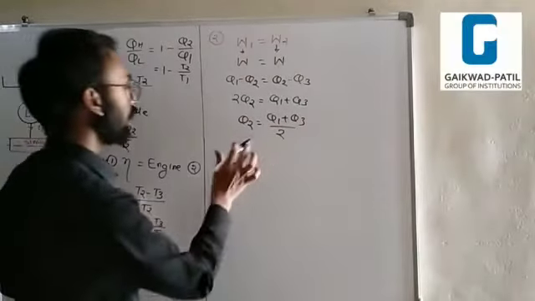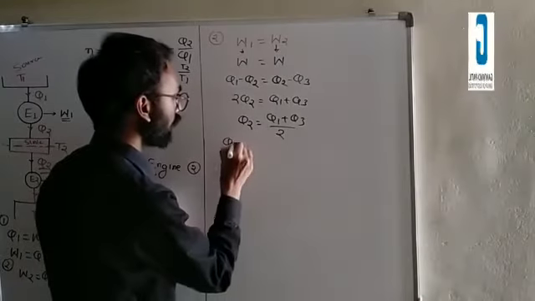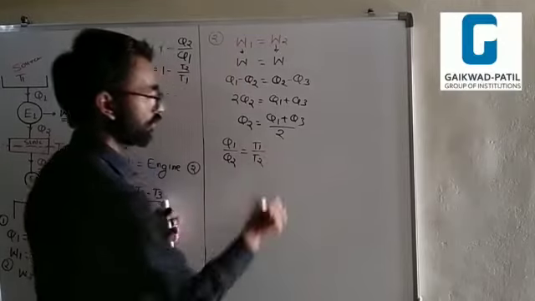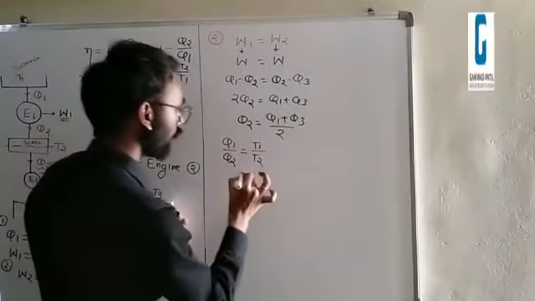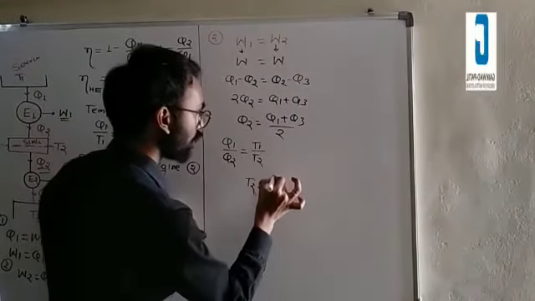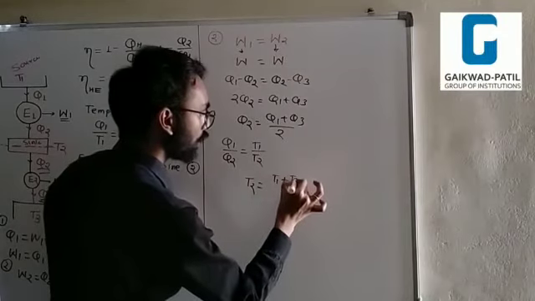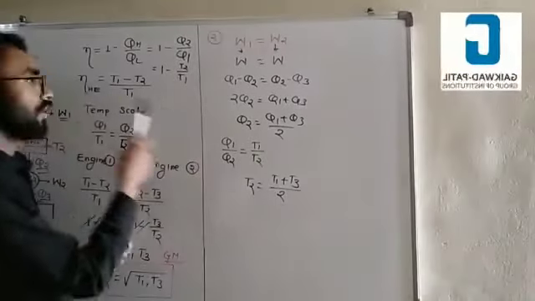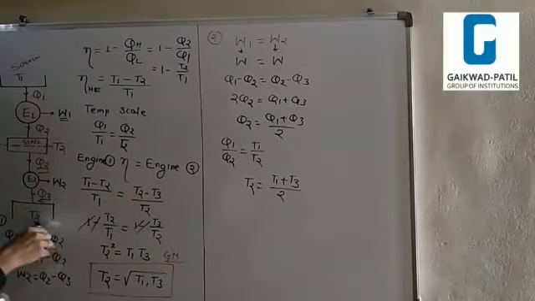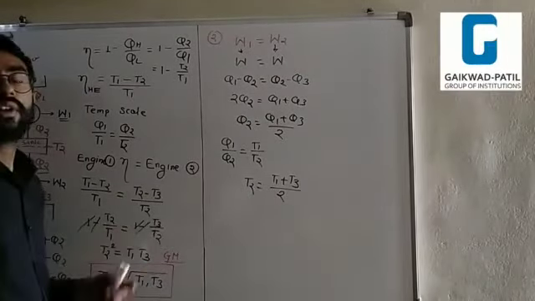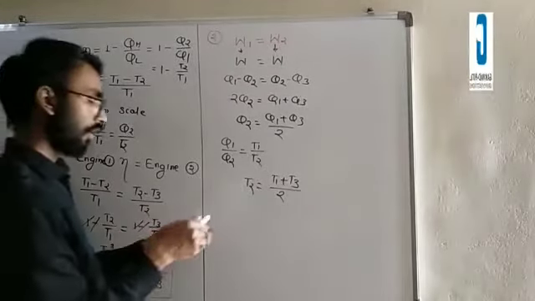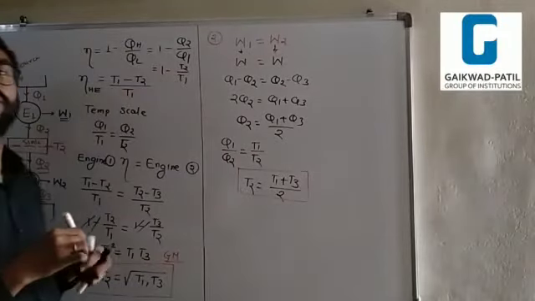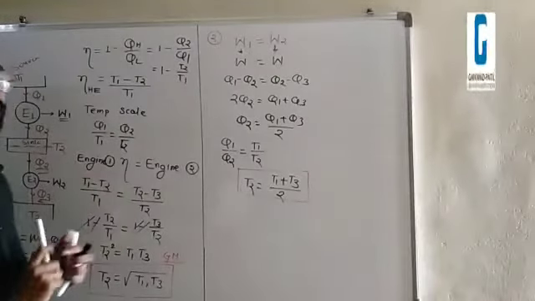Now from the temperature scales you can write Q1 over Q2 is equal to T1 over T2. So T2 is equal to T1 plus T3 over 2. Now put in temperature values T1 and T3 and you can get the intermediate temperature from this formula. Right? This is also an important formula to find the intermediate temperature.